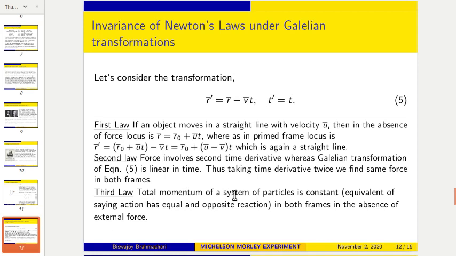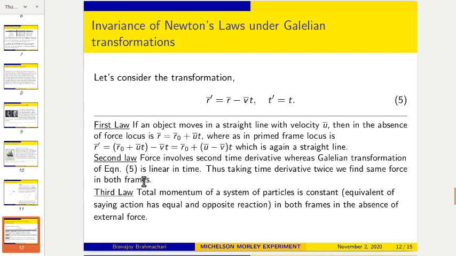Third law: the total momentum of a system of particles is constant in both frames in the absence of external force. This is equivalent to saying that action and reaction are the same. It remains constant in both frames.